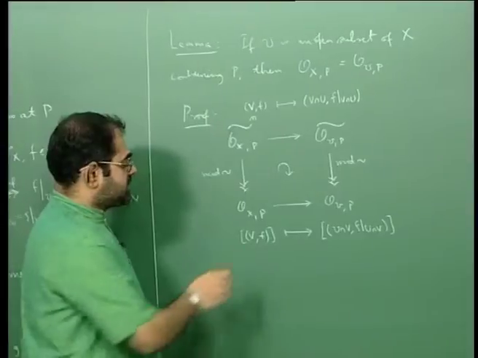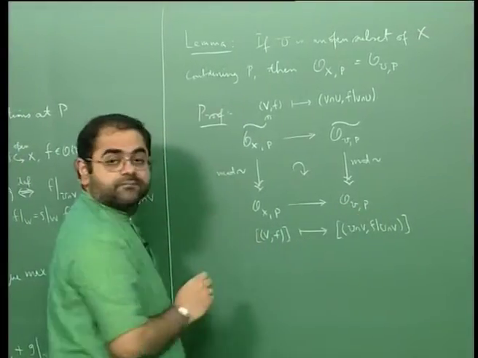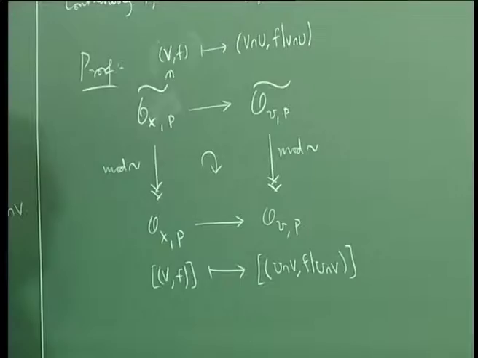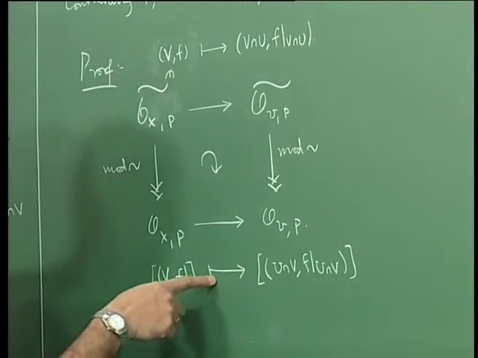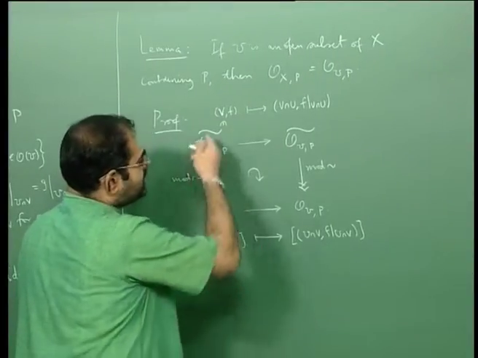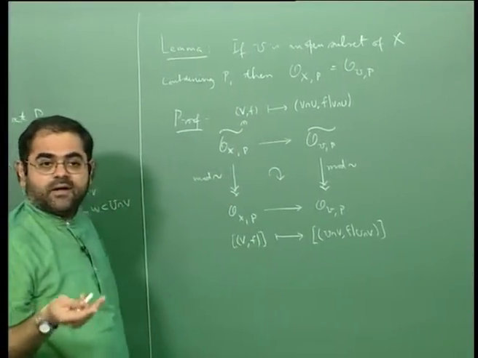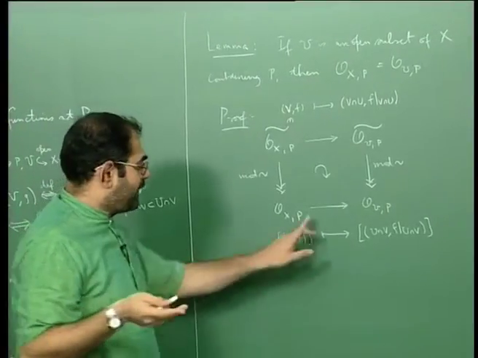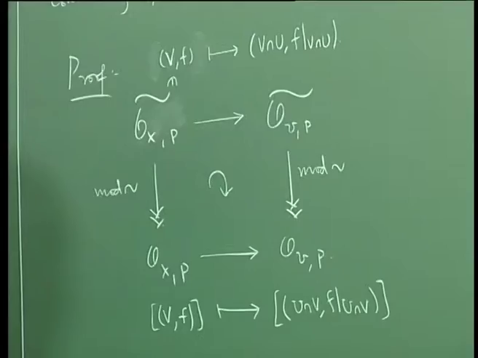This is going to be the map here, and this map is induced by that map. Now it is very easy. It is very clear that this is going to preserve addition, multiplication and so on. So this will be a K-algebra homomorphism.